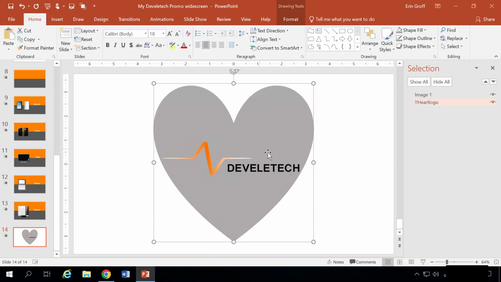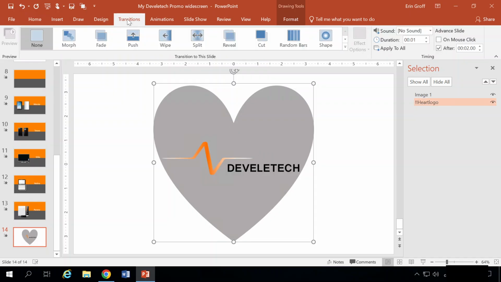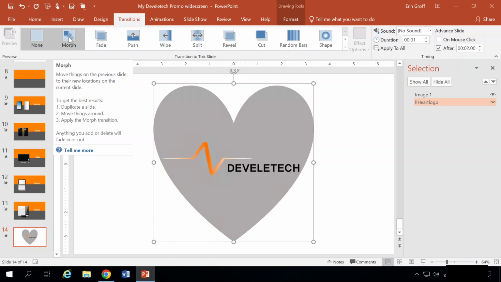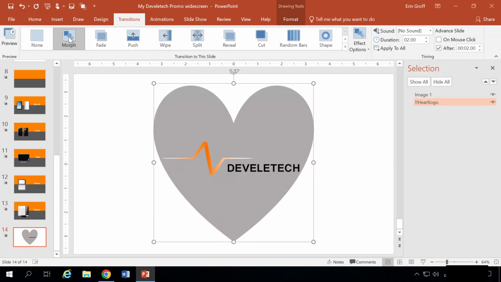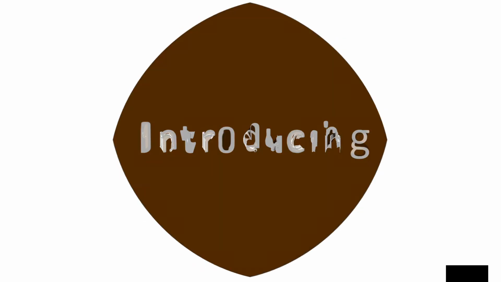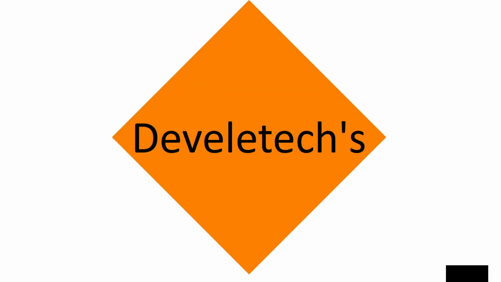And we're going to apply the morph transition to this heart shape. Go up to the Transitions tab and select Morph. And it will give you a preview of that. Well, let's play our whole presentation out from the beginning. So introducing, morphs into Developtex, morphs into new products.